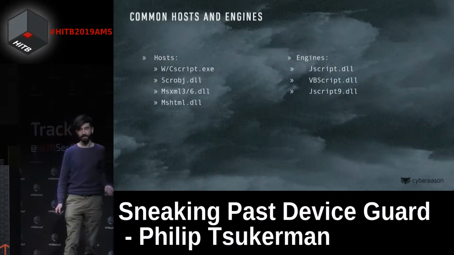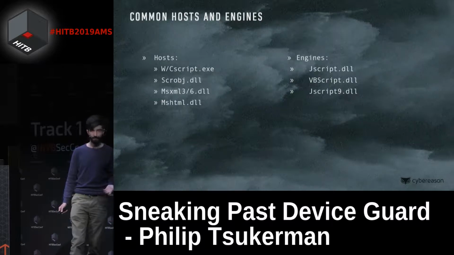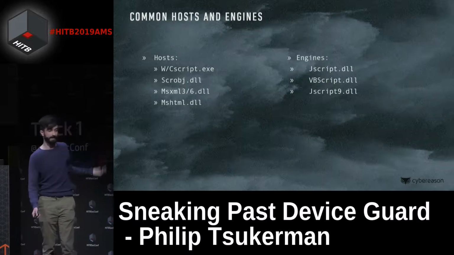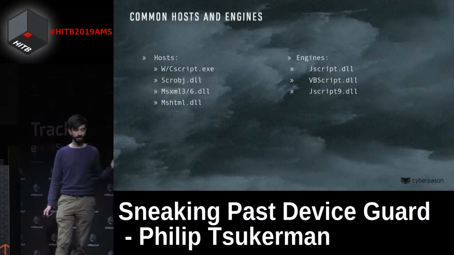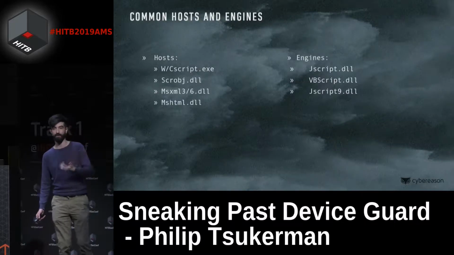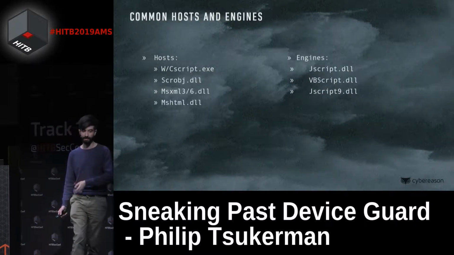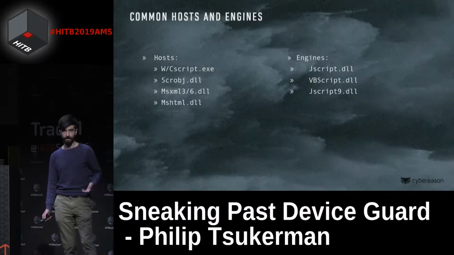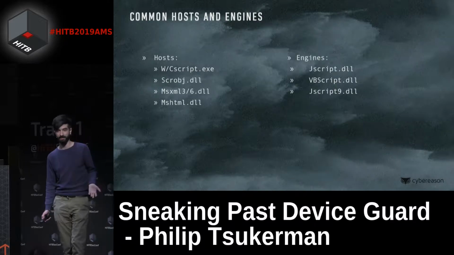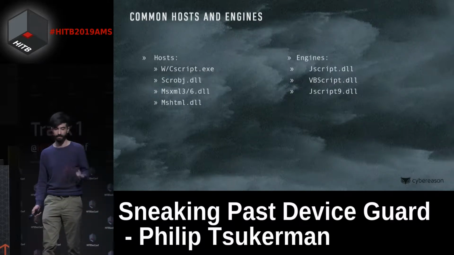Now, the most common hosts and engines which are natively present in Windows are, on the host side, we have WScript, scrobj.dll, which is the engine implementing COM scriptlets. We have MSXML 3 and 6, which implement XML and XSL style sheets. And we have MSHTML, which is the Internet Explorer HTML engine.